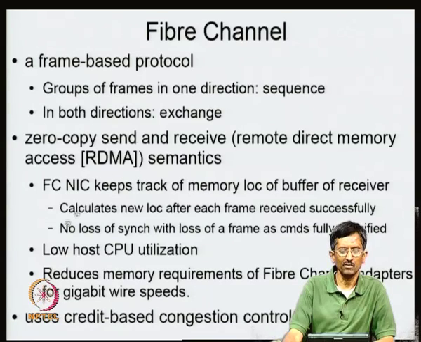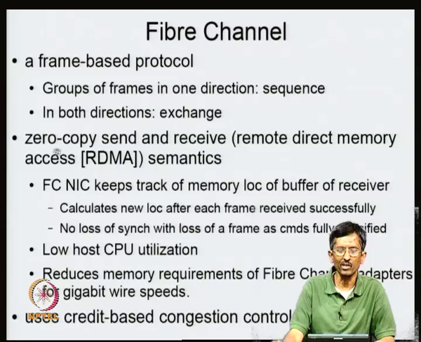What this means is that the network interface cards for the fiber channel, after some negotiation, essentially keep track of the memory location of the buffer of the receiver. Because they know the memory location of the receiver's buffer, the DMA transfers across the network can deposit the transferred data directly into the memory of the recipient.